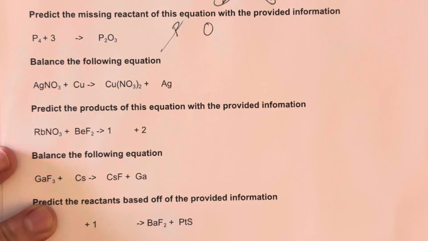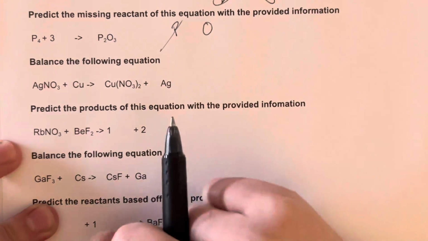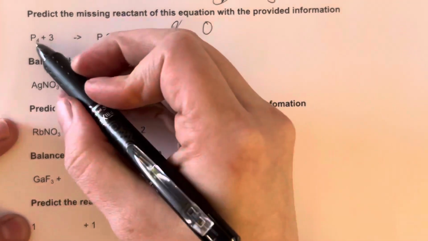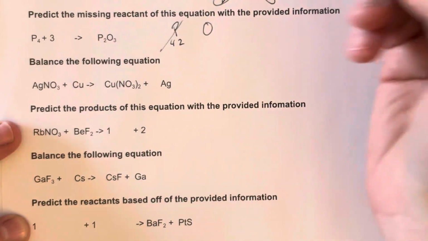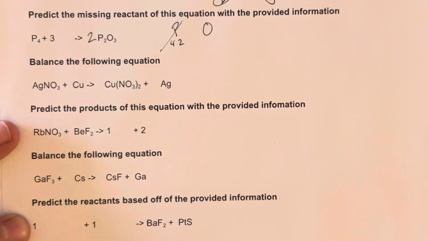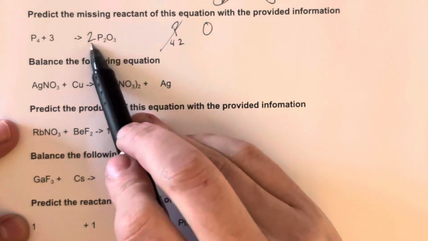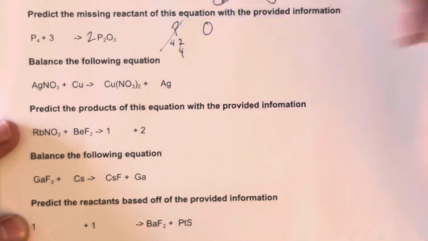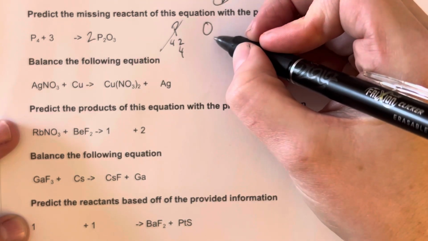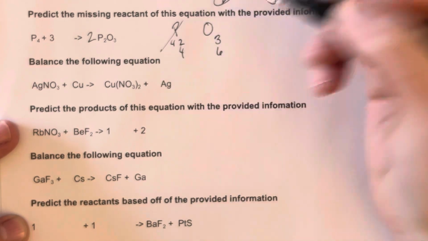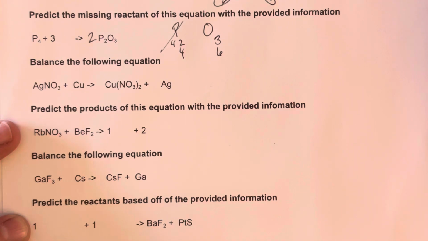dealing with oxygen here. Now, to balance this, I see that this is P4, and on the right-hand side it's 2. So that means that there must be a coefficient of 2 here in order to get that to balance, which would mean I would have a grand total of 6 oxygens, initially 3, but now 6 oxygens on the right-hand side.